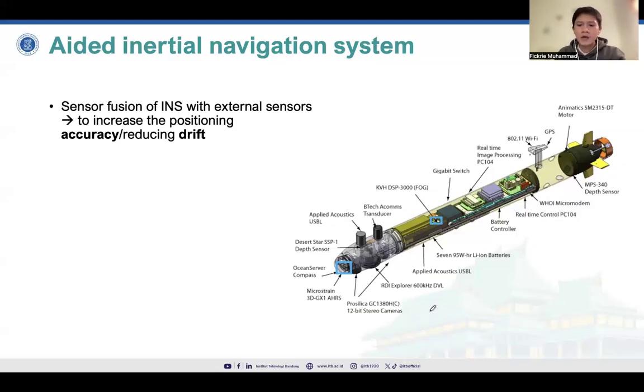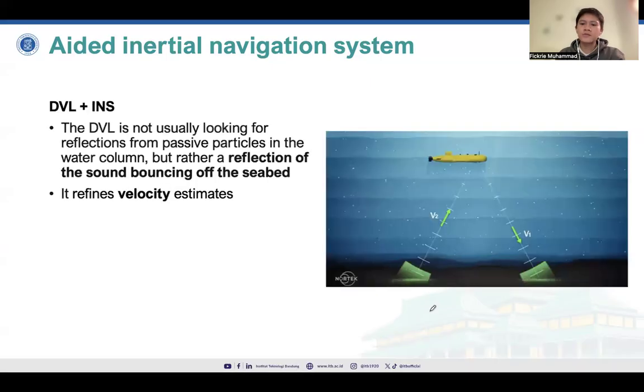Anyway, we have a lot of sensors in an AUV, for example the acoustics, the USBL, the depth sensor to calculate from pressure, and the compass, GPS and Wi-Fi for telecommunications or data streaming, and stereo cameras to directly measure point clouds, and the DVL as an acoustic positioning system to measure the position of the AUV, and the ACOMS, or acoustic communication system, to transmit data between the AUV and the mothership, or the main board in the mothership.